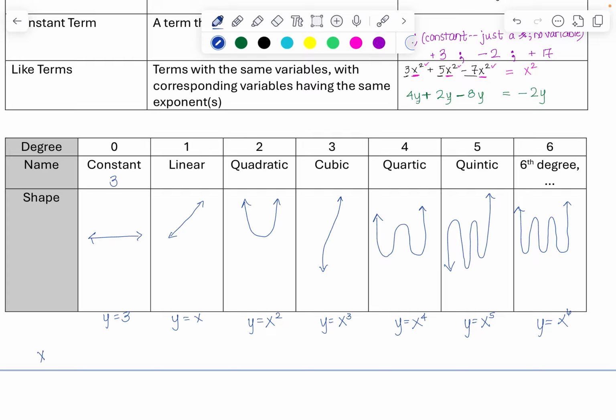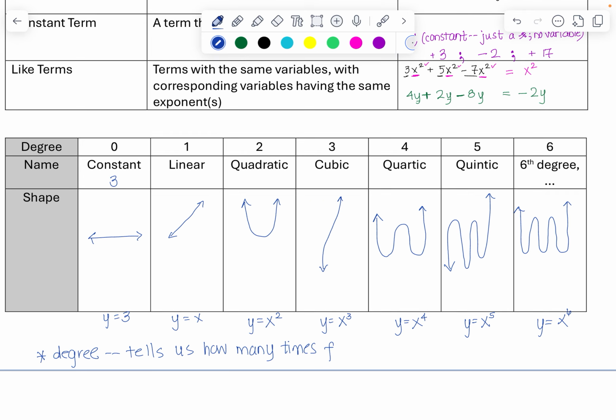Now keep in mind your degree. This tells us, typically, how many times the function crosses the x-axis.